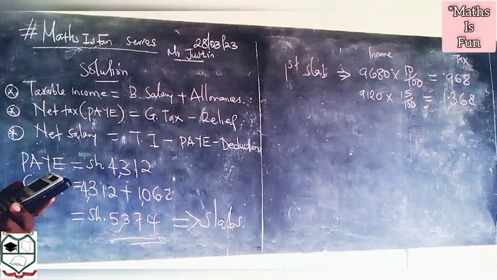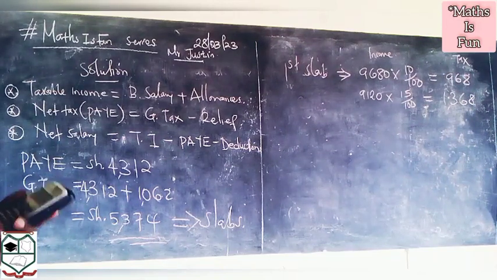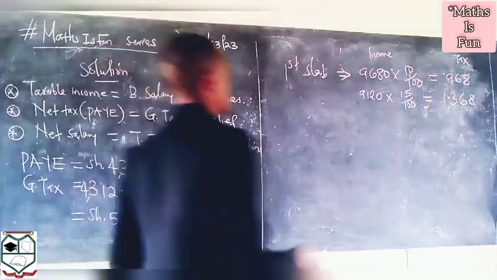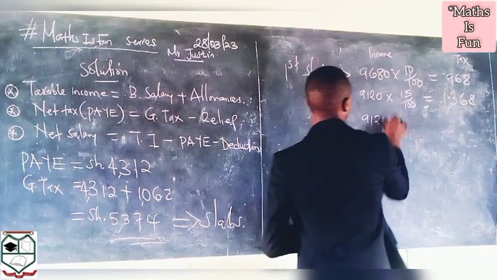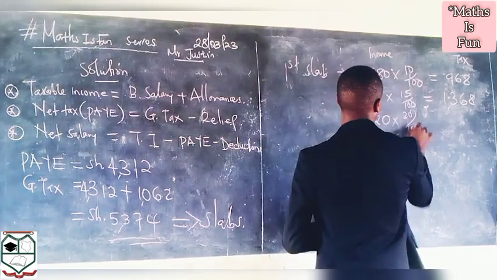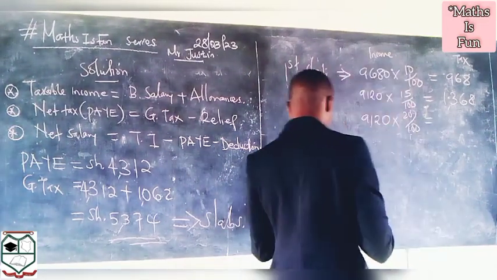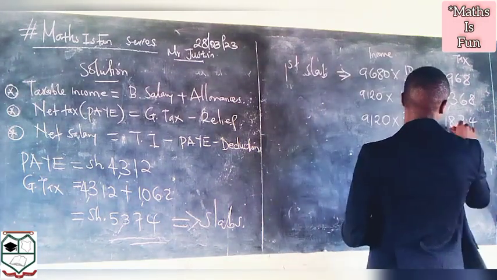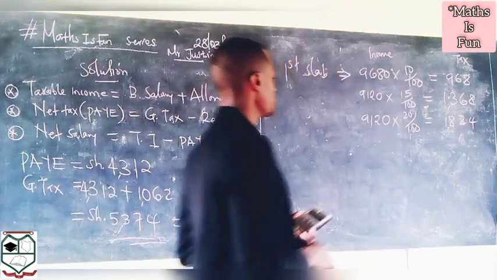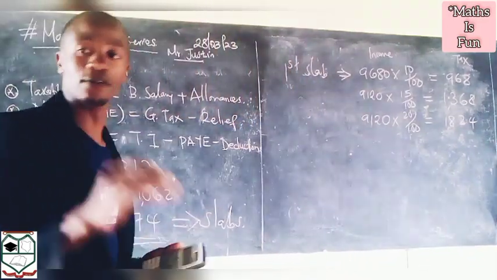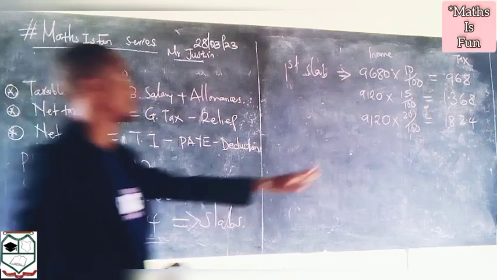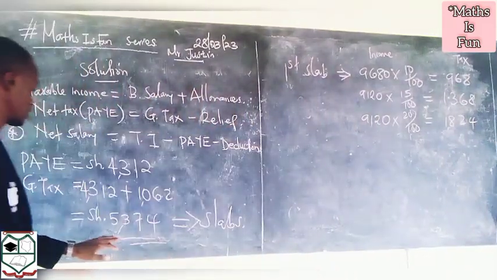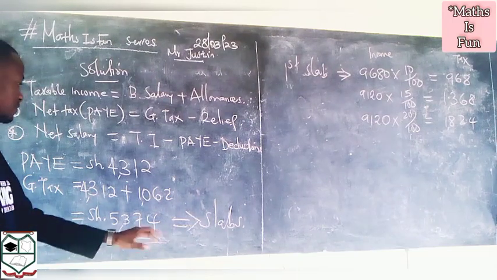And the third slab, the difference is 27,920 minus 18,800. You get 9120 times 20 over 100. You get 1824. When you're doing this question, the sum of the tax is supposed to give you this value of 5374.